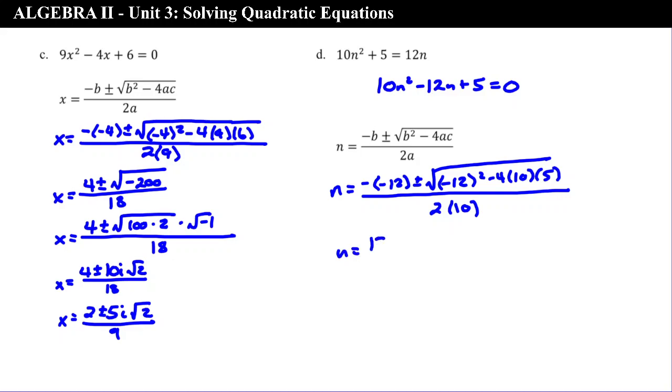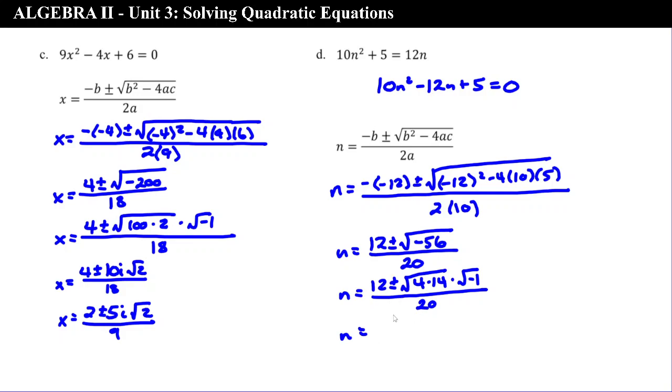So we have 12 plus or minus the square root of, once you do all of that in your calculator, negative 56, over 20. And then from here, we're going to simplify the square root of negative 56. That is going to end up being 12 plus or minus the square root of 4 times 14 times the square root of negative 1, over 20.